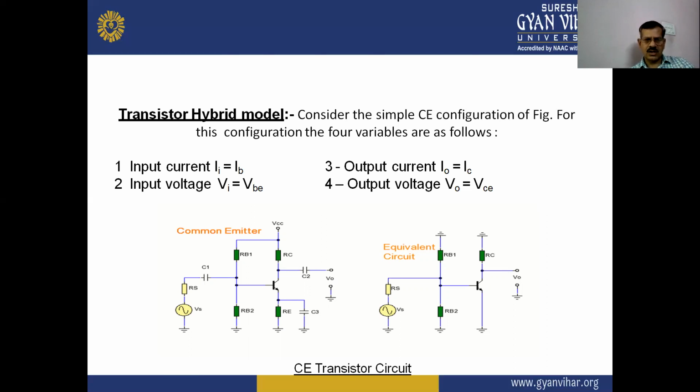So this is the circuit diagram for the common emitter, and also the equivalent circuit of this common emitter. So this second circuit diagram is the hybrid transistor model.